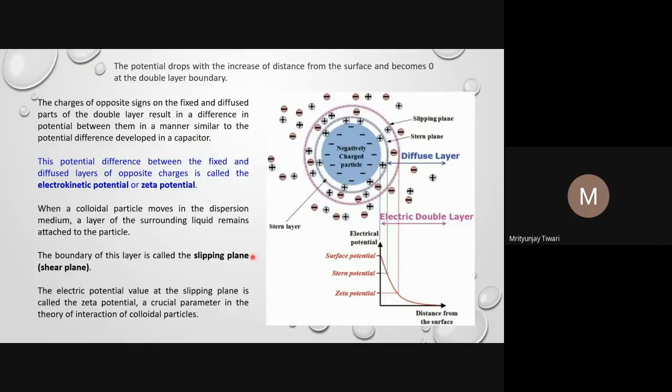The boundary of this fixed layer, which moves with the colloidal particles, is called the slipping plane. The potential at the slipping plane is called the zeta potential, and the potential at the fixed layer, or the Stern layer, is called the Stern potential. The zeta potential is very responsible for the stability of the colloidal particles.